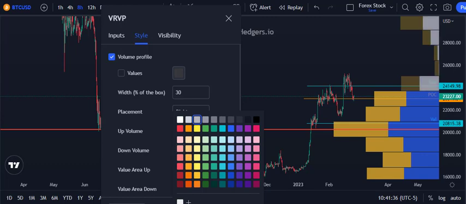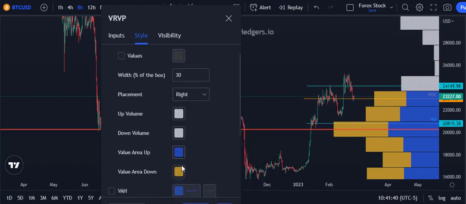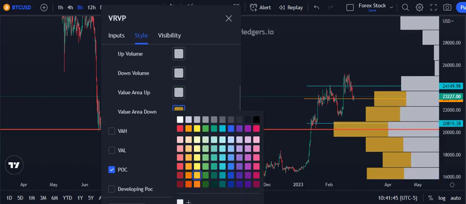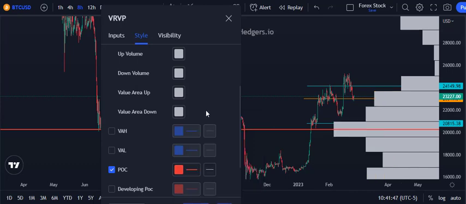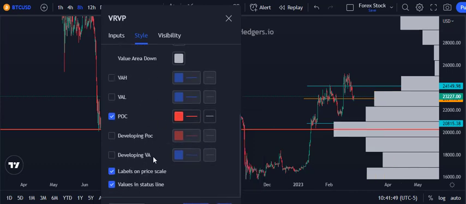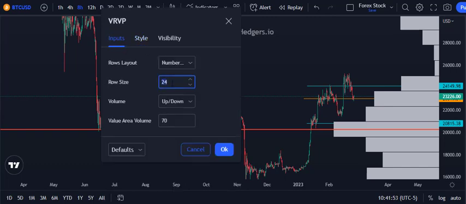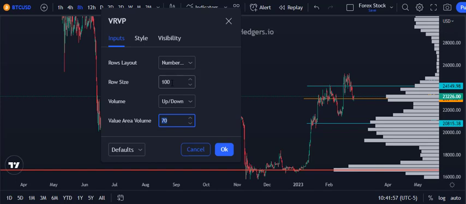If you don't want to struggle that much, and if it's hurting your eyes or you are confused with all of these fancy colors, you can make it like this, as mine. And also you can change the row size from 100 to 70 or 75. It doesn't matter.